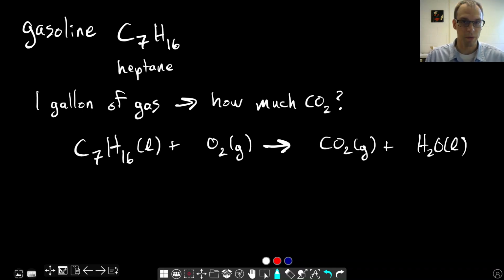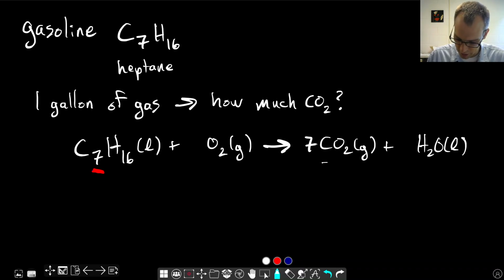Let's start with carbon. You'll find that for combustion reactions involving hydrocarbons at least, starting with carbon is usually a good starting place. So we have 7. Let's use red instead. We have 7 carbons over here. On the right-hand side of the equation, we only have 1 carbon. So we're going to have to balance that with the 7 here. Now let's do hydrogen next.